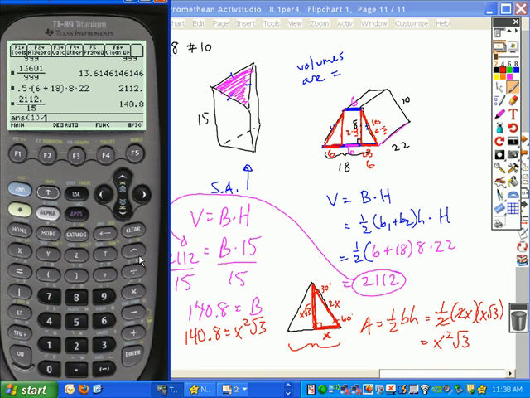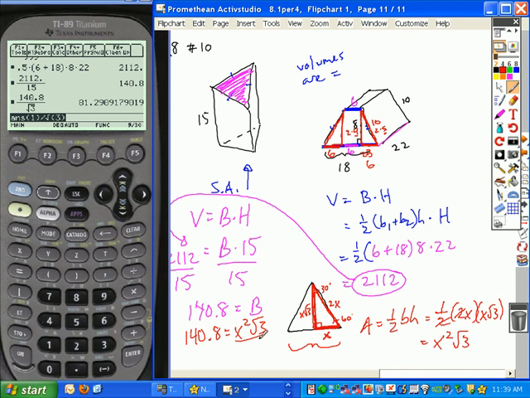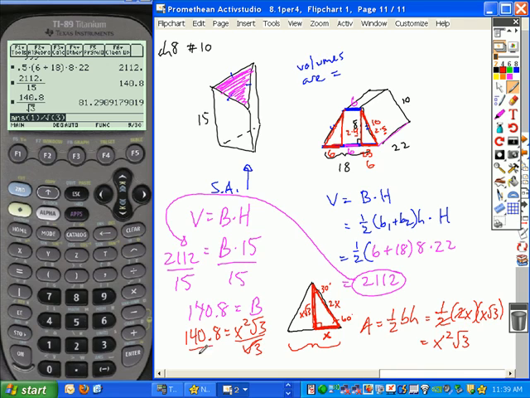So if we divide 140.8 by square root of 3, and then we take the square root of that whole thing. So we divided by root 3, and now we're going to square root that entire quantity.